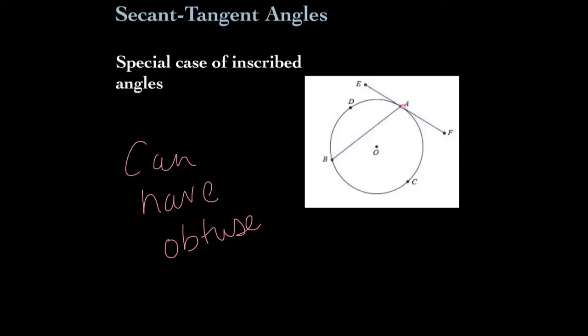So if it was crossing like this, this one is a tangent and a secant, if I continue that through. We can have an obtuse angle here, but we'll have an acute one here. So this gets solved the same way. The angle is half of the arc.